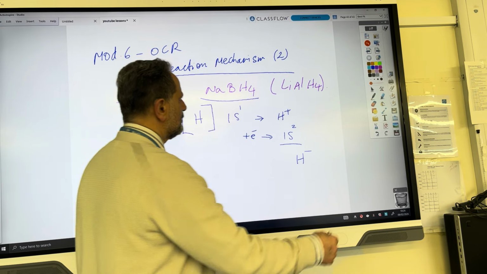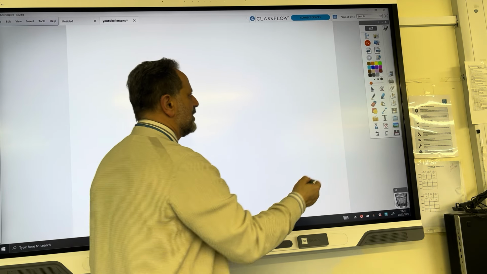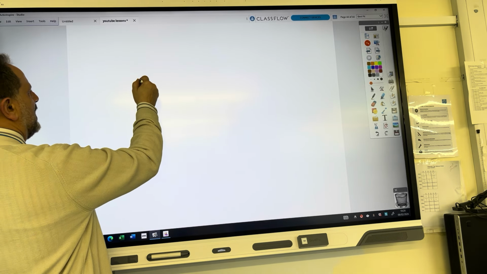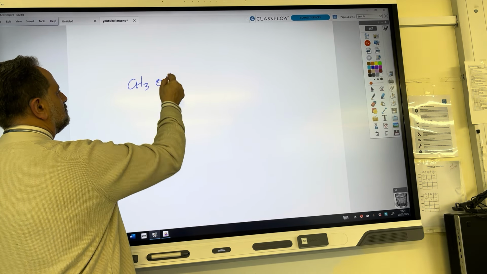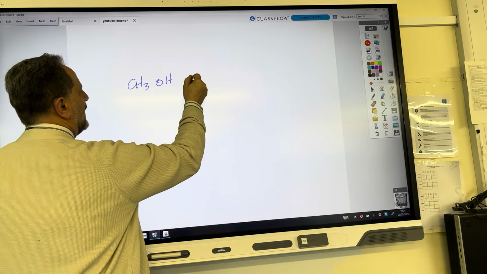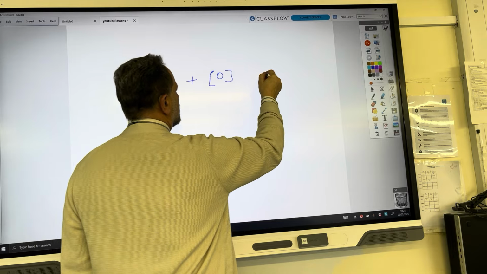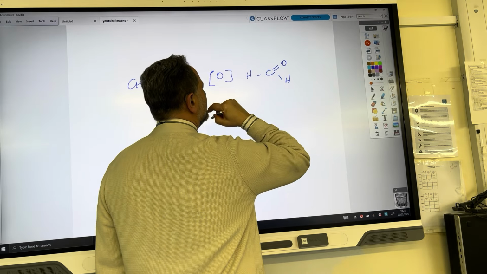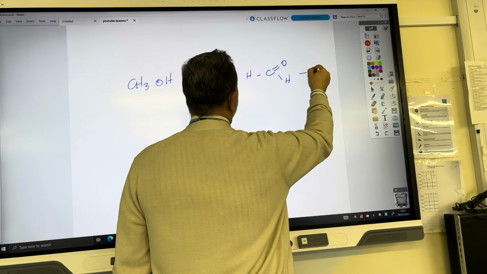Okay. So when do we actually do these kinds of reactions, or what kind of products can we form? Do you remember when we had, for example, methanol, and then we oxidized it and turned it to methanal, plus water?